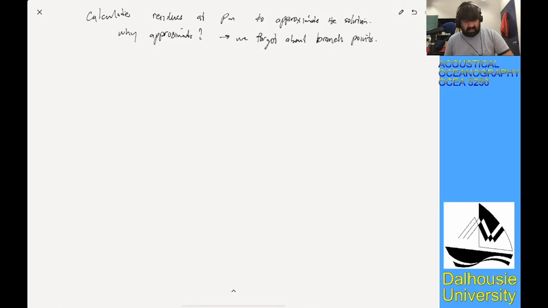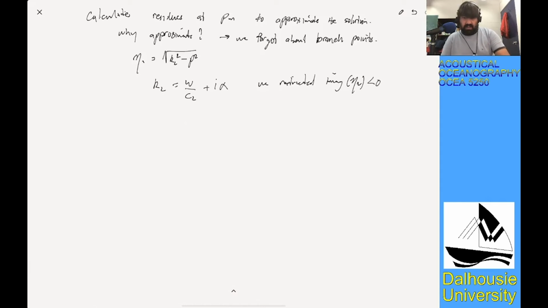And basically the idea is we have eta 2, right? Our definition of eta 2 was k2 squared minus p squared. K2 is equal to omega over C2 plus I alpha, right? We had written some sort of omega over C naught plus I alpha, whatever. And we restricted the imaginary part of eta 2 to be less than 0.